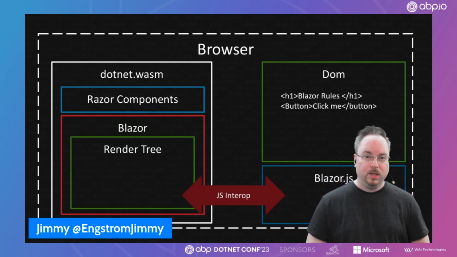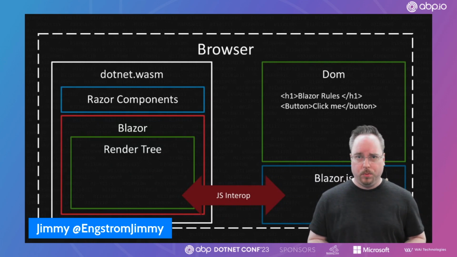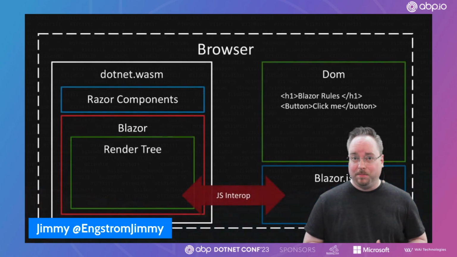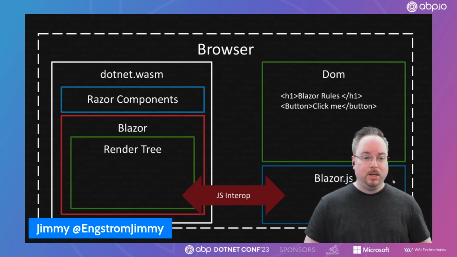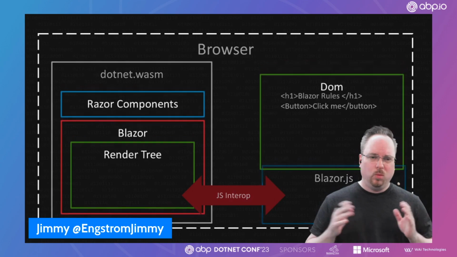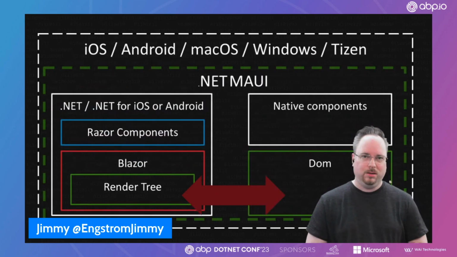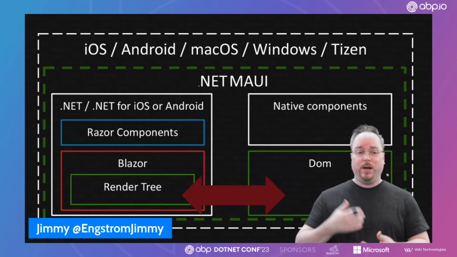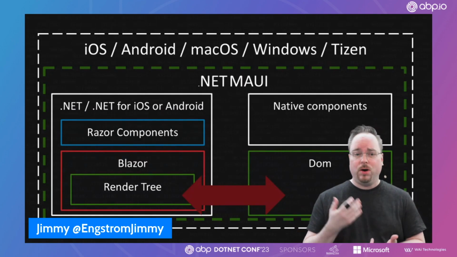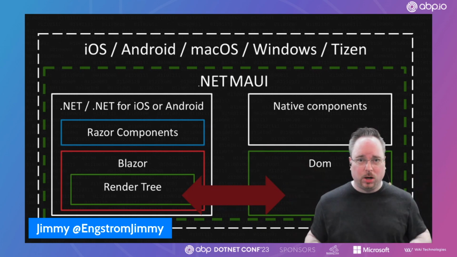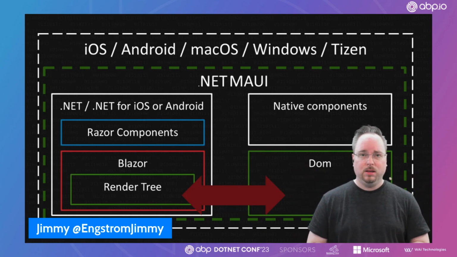Cool. So what about Blazor Hybrid? Well, let's take a look at WebAssembly again. Again, the only difference here is where everything is running. Now we're not running inside of a web browser anymore. We're running inside of iOS, Android, macOS, Windows, or Tizen, inside of a .NET MAUI shell.